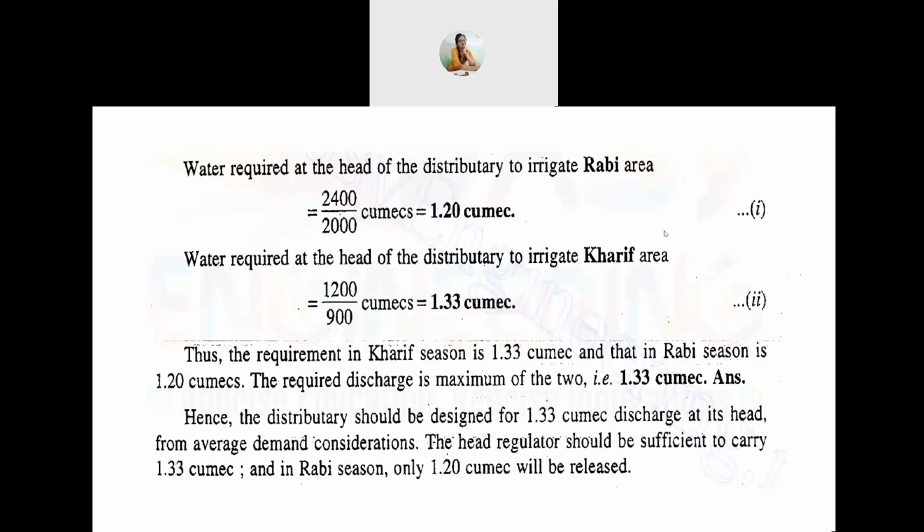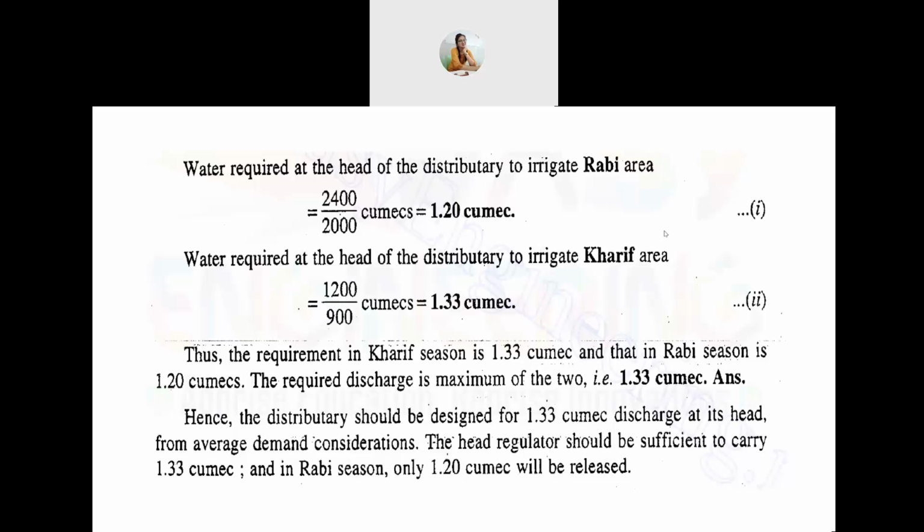So water required at the head of the distributary to irrigate Rabi area is 2,400 divided by 2,000 cubics, which is equal to 1.20 cubic. Water required at the head of the distributary to irrigate Kharif area is 1,200 by 900 cubics, which is equal to 1.33 cubics. Thus the requirement in Kharif season is 1.33 cubic and that in Rabi season is 1.20 cubics.